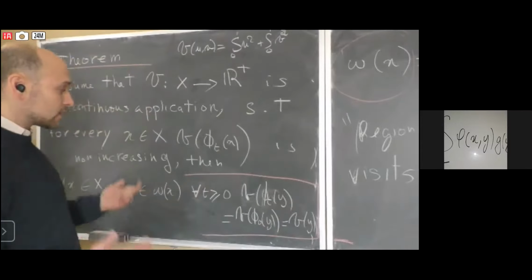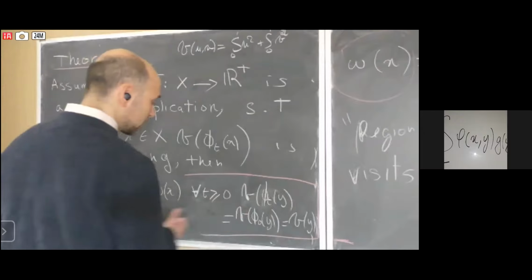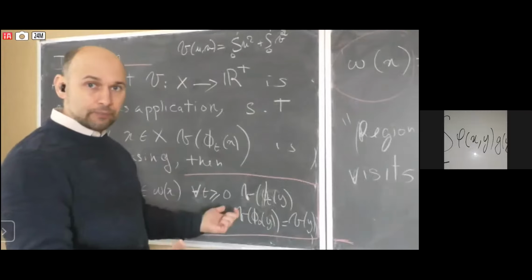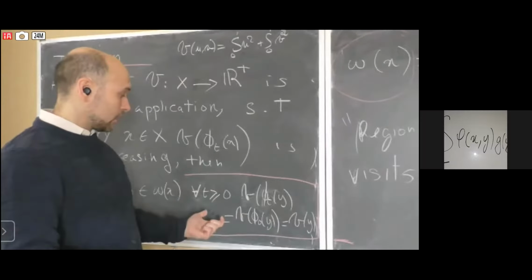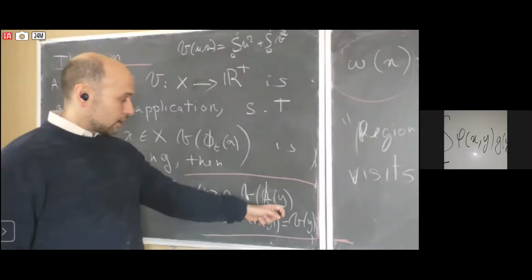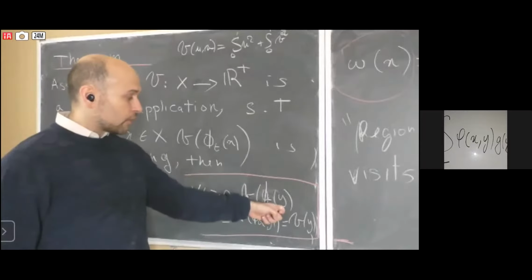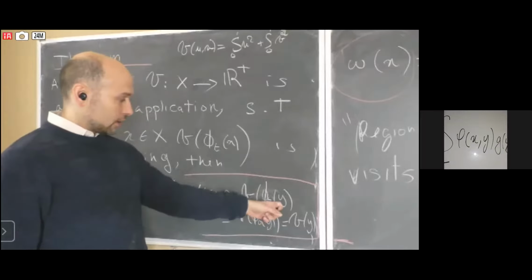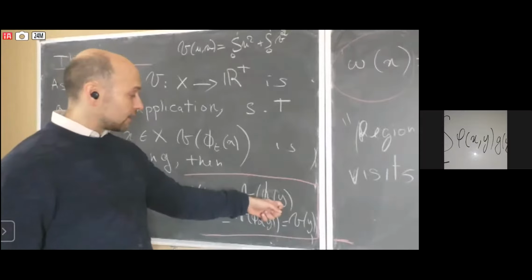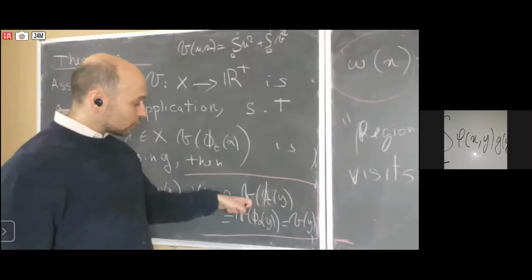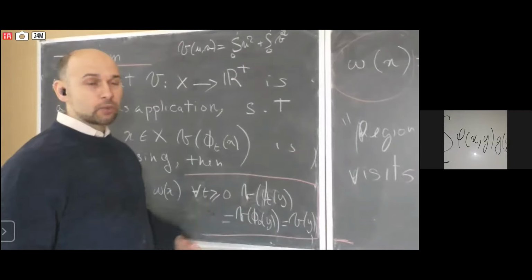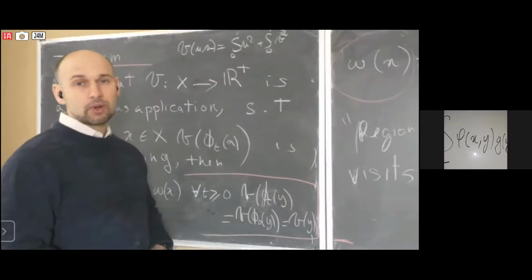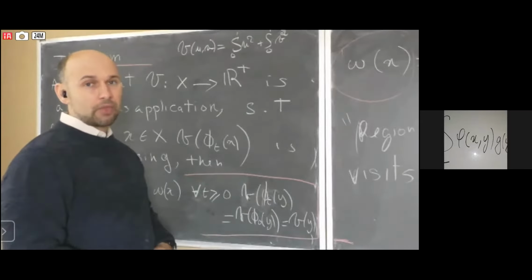When you look at what's going on for large t, if you start with a point which belongs to an omega limit set, my function will remain constant. As we will see, this will be one of the key points to prove rigorously our theorem.